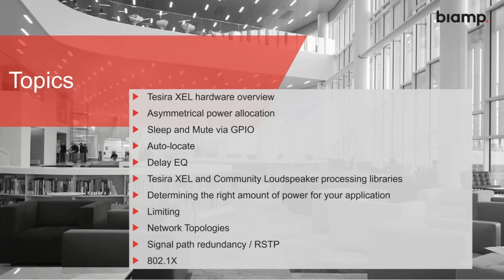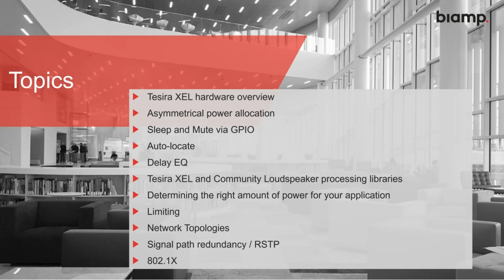Topics we're going to look at today, we'll take a look at the overview of the hardware, just in case anyone is unfamiliar with the amplifier. We'll kind of get our feet on the ground with that. Then we'll take a look at the asymmetrical power allocation options for the amplifier, sleep and mute versus GPIO, auto locate and delay EQ within the amplifier. Then we'll dive into the TesiraXEL and community loudspeaker processing libraries.